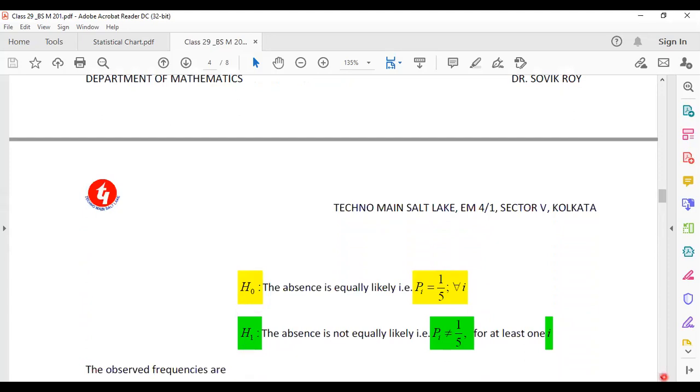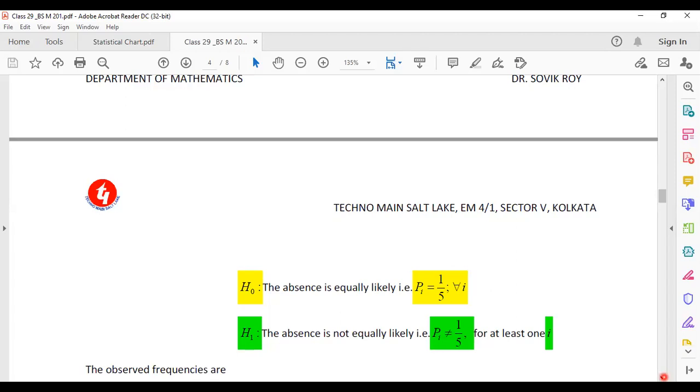First of all, it is given in the problem whether this absence is equally likely or not. So I am considering the probabilities of these 5 days. Since these 5 days are exhaustive and mutually exclusive, they are also equally likely.